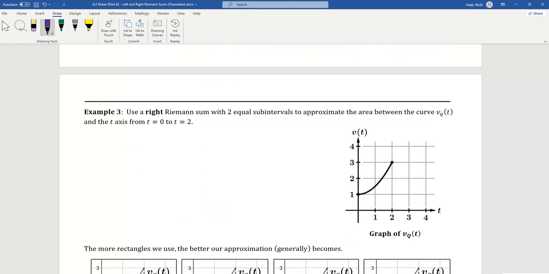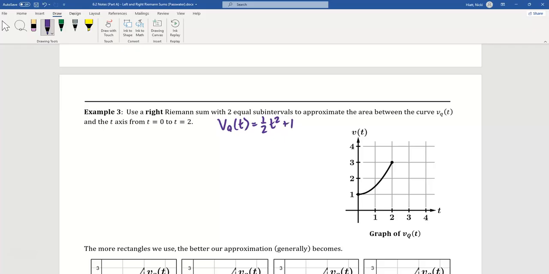Okay? Right Riemann sum. The right Riemann sum with two subintervals, right? We're still using the same graph. So this is still V sub Q of T is 1/2 T squared plus 1.